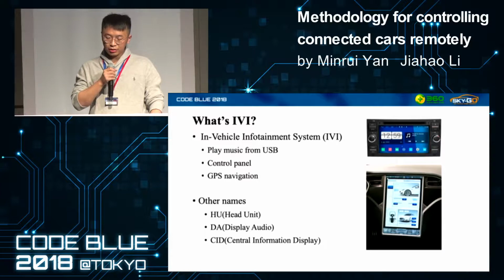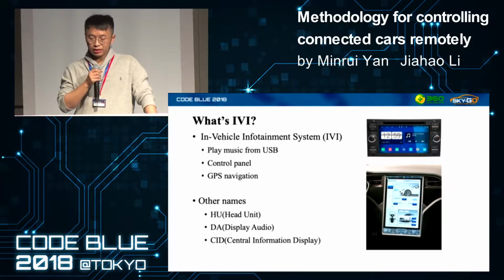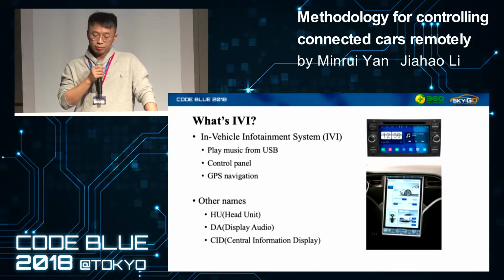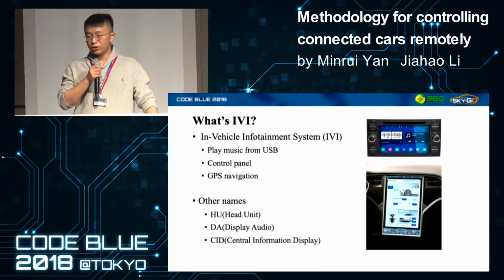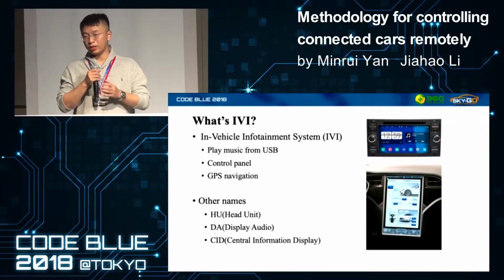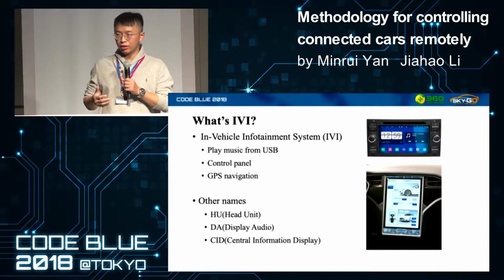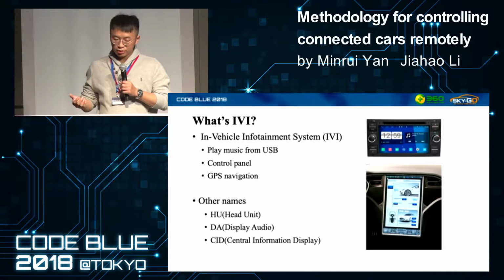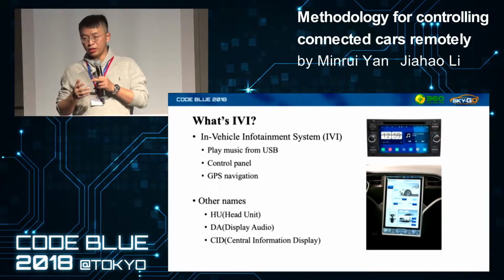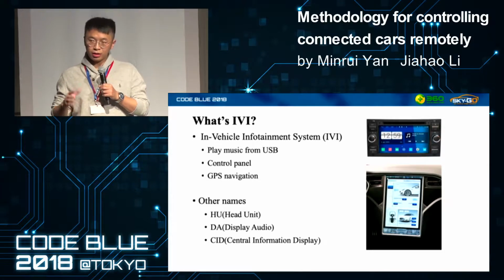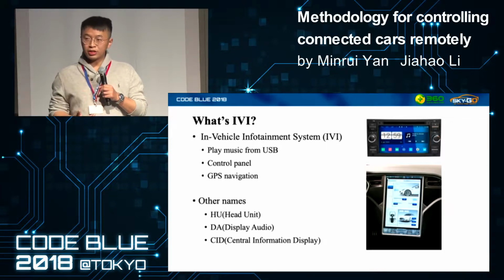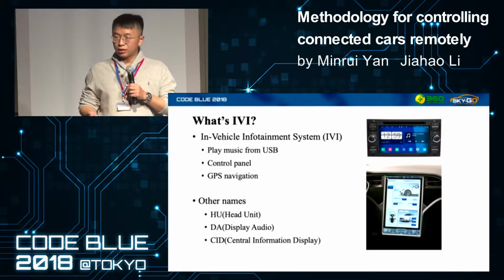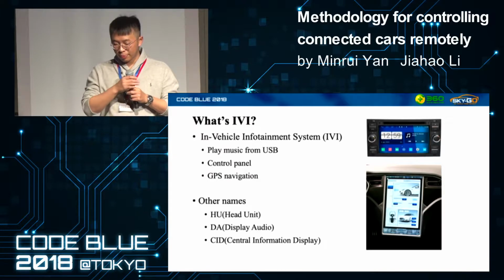In some modern cars, IVI also can send and receive CAN bus messages. Because if you want to control a car, such as open the trunk or open a door, you can use your IVI to just click the screen, and the IVI will send the CAN message to the in-vehicle network. Then the door will open.